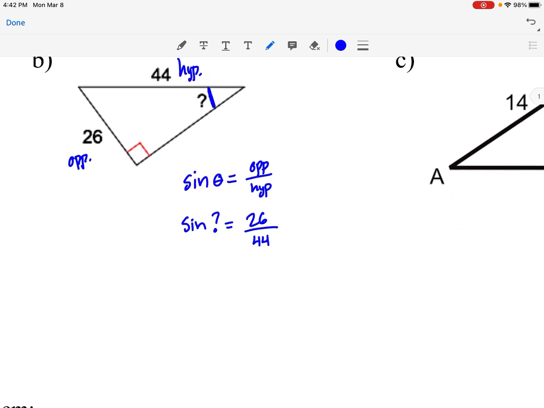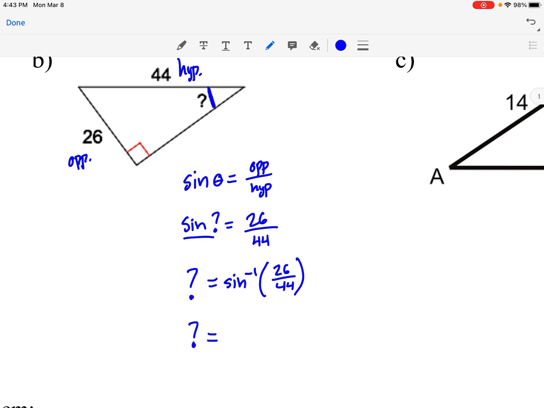Okay, remember when we're looking for an angle, we need to rewrite this in a way that we have the question mark by itself. So getting rid of the sine, remember this time we know what the sine is, but we don't know what the angle is, so we're working backwards. So our angle is going to be, this time in our calculators, we type the inverse sine using the second button of the fraction, and that will give us the missing angle.